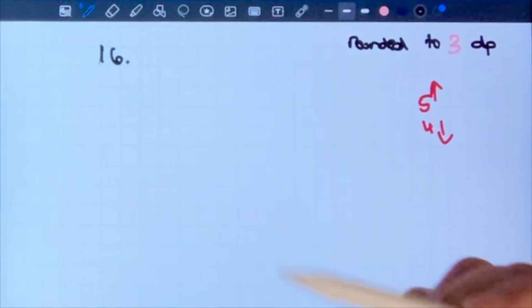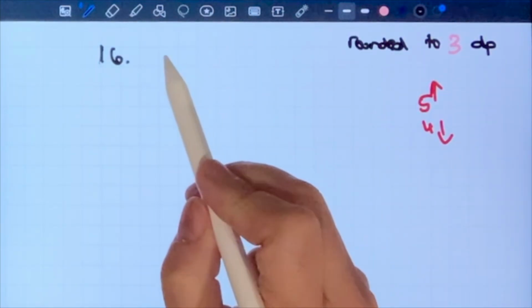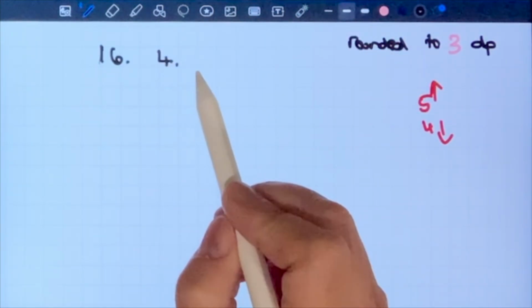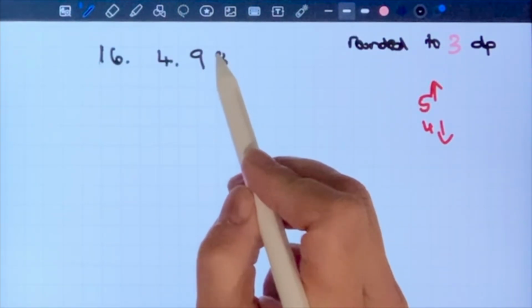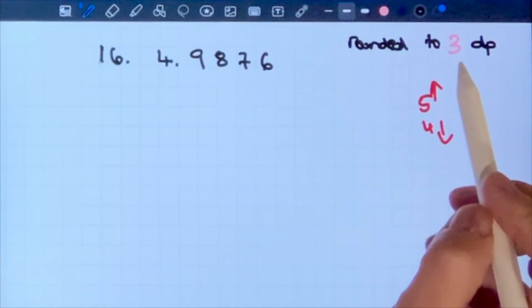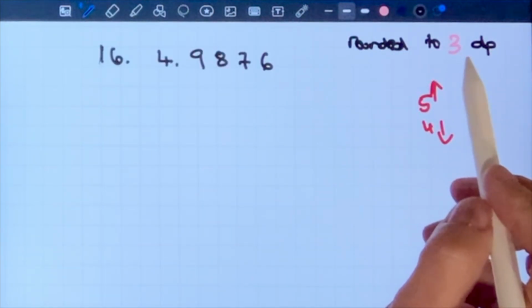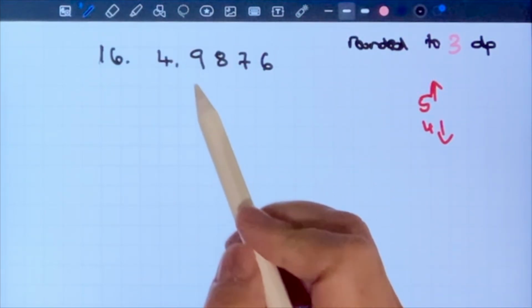So, question number 16. We have the number 4.9876, and we want to round it to 3 decimal places. So I find my decimal.